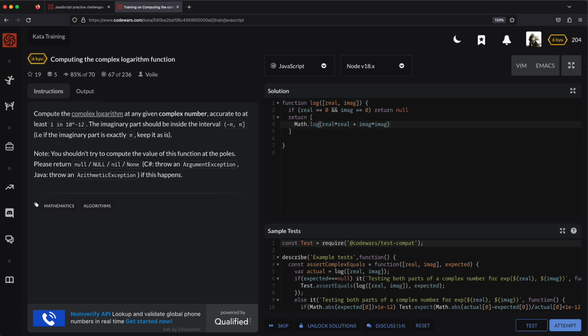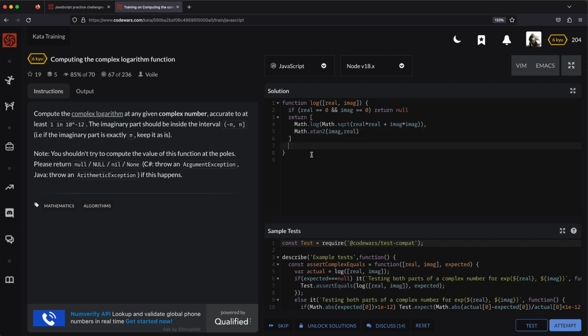So I need to get the square root of this value, like this. This is the first part, and the second value would be atan2 of those two values, the imaginary and the real part.